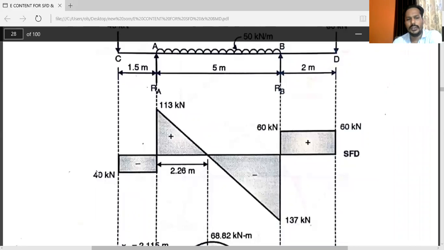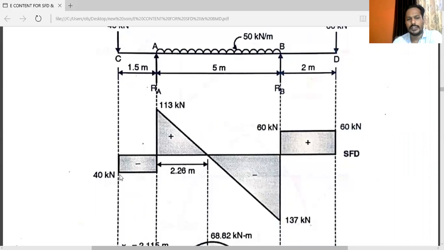Here you can see for point C, the values are 0 and minus 40. For point A, the values are minus 40 and plus 113. For point B, minus 137 and plus 60. For point D, the values are 60 and 0.